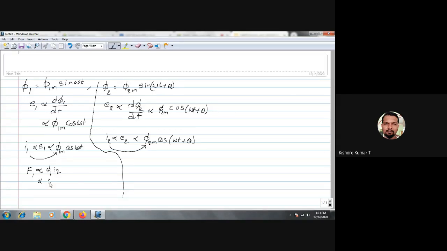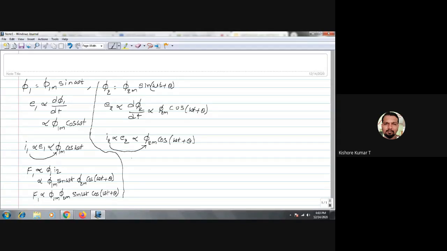What is phi 1? Phi 1m sin omega t into I2. What is I2? Phi 2m cos omega t plus theta. So F1 is proportional to phi 1m phi 2m sin omega t into cos omega t plus theta. So this is the amount of force F1.